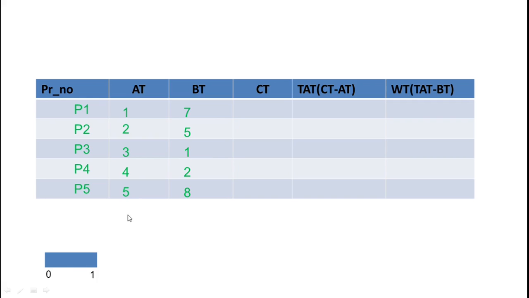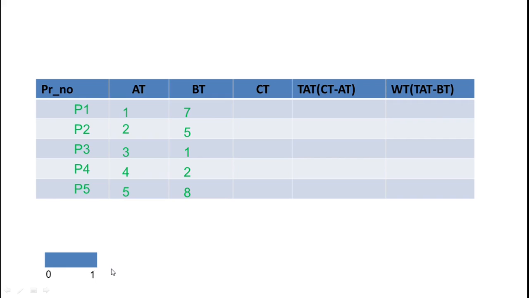At arrival time 1, process P1 arrives with a burst time of 7 milliseconds. All timings given to us are in milliseconds. Our criteria is burst time, and we have to choose the process with the smaller burst time.